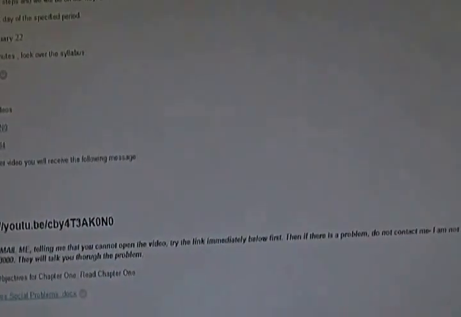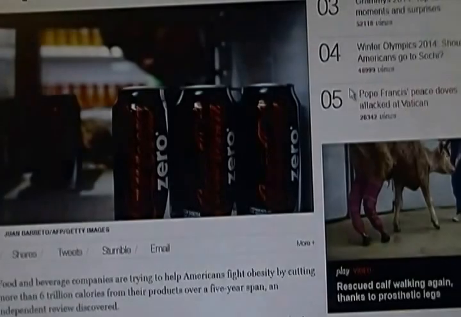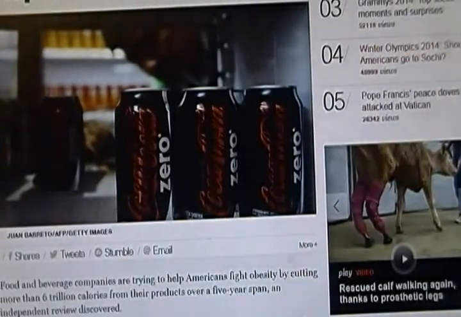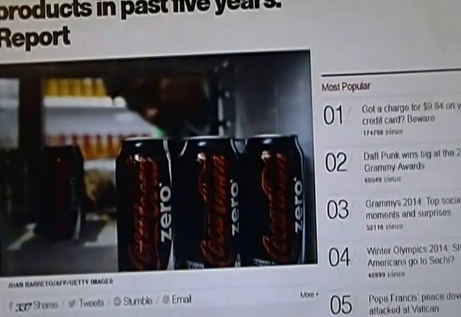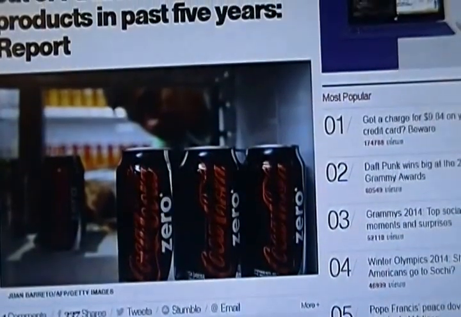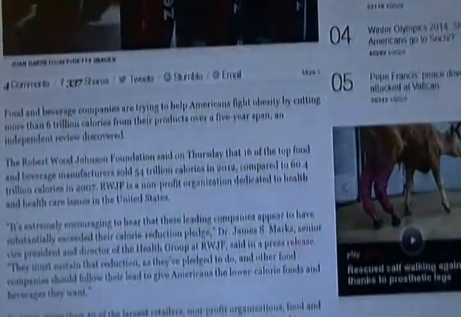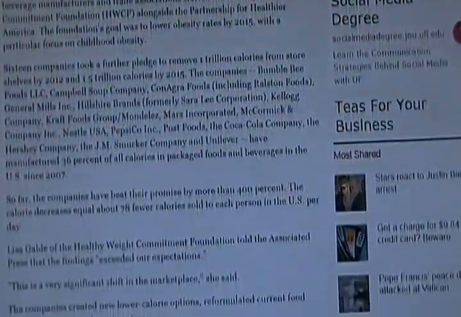You go up to the bar here, and I'm going to go over there. This is great news, it seems like. The food and beverage companies cut 6.4 trillion calories from products in the past 5 years. And they go on and talk about all the calories.